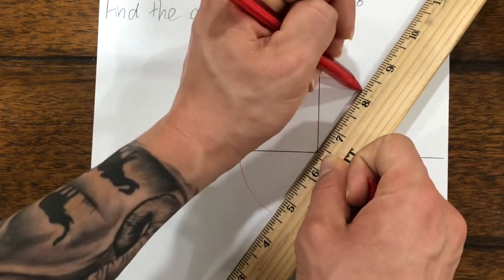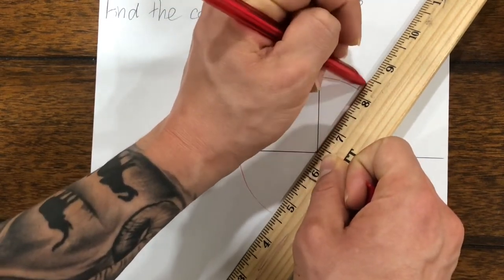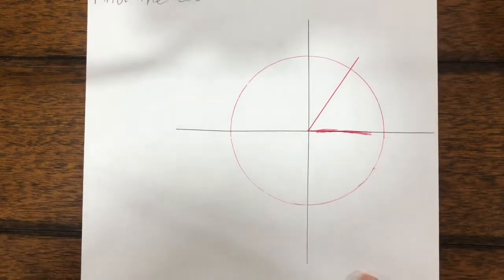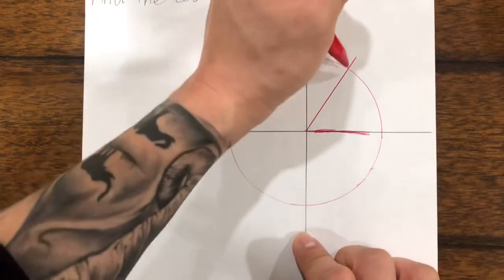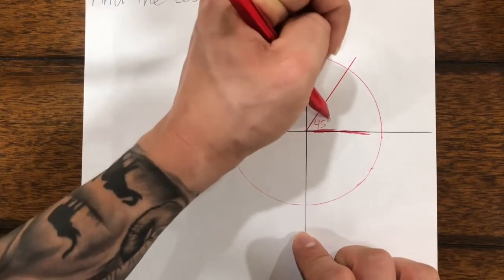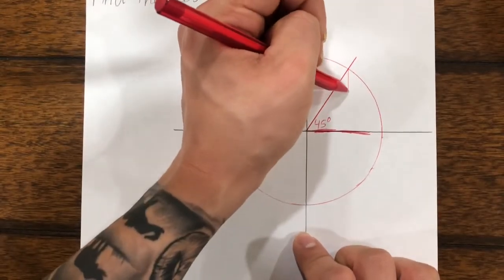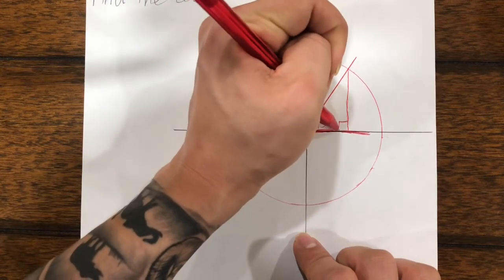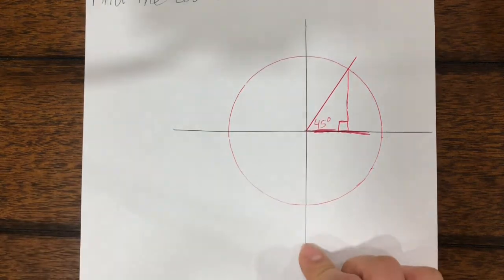It's kind of like in the middle. So we have a 45-degree angle measurement, and I draw my line going down to make a right triangle. And then this would be the 90-degree angle measurement.